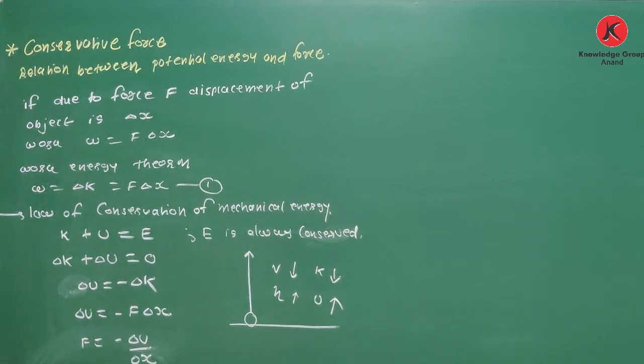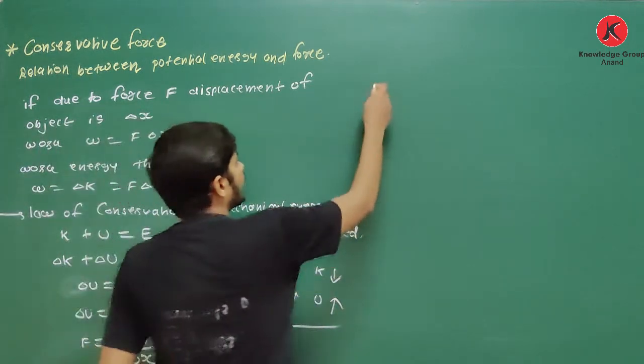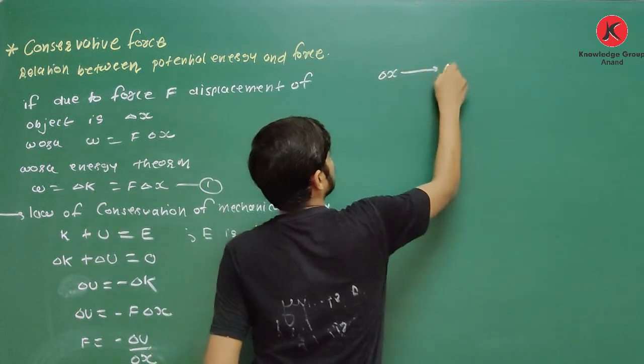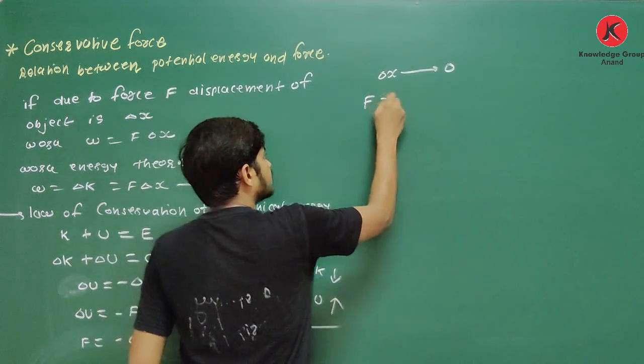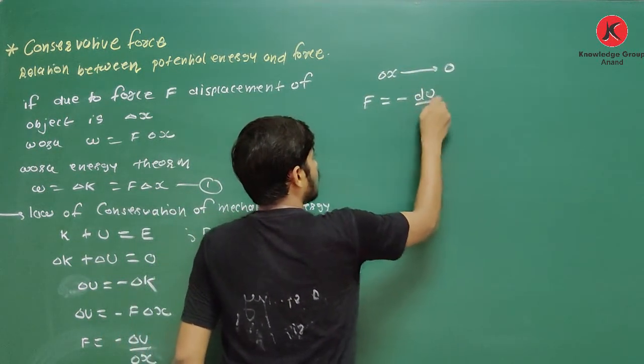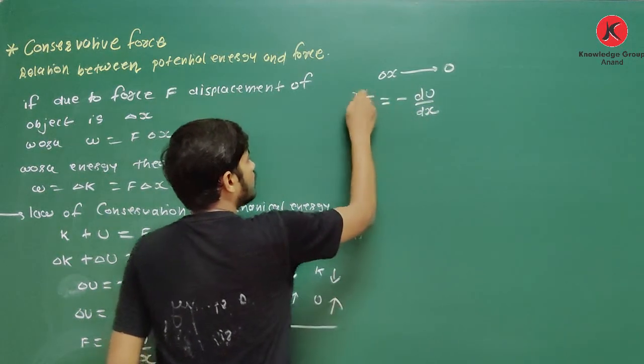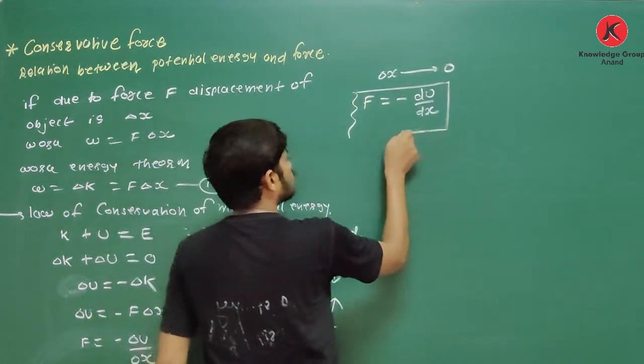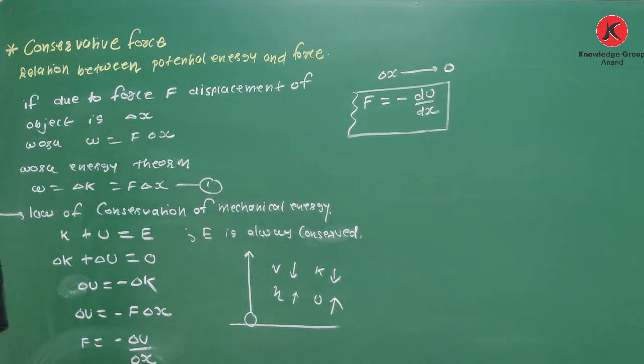Clear about this? If I take displacement very small, that is delta x tends to 0, then I can write F is equal to minus dU upon dx.